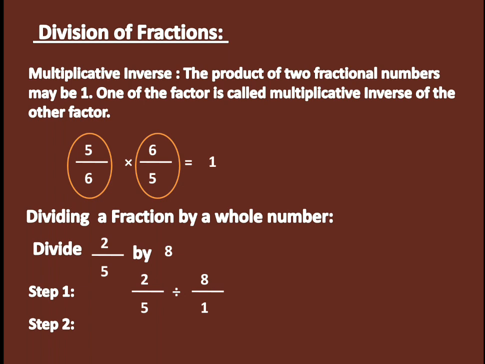Now step 2. Write the multiplicative inverse of the divisor, that is 2 by 5 multiply by 1 by 8. Here 1 by 8 is the multiplicative inverse of 8 by 1. So here 2 by 40 is equal to 1 by 20.